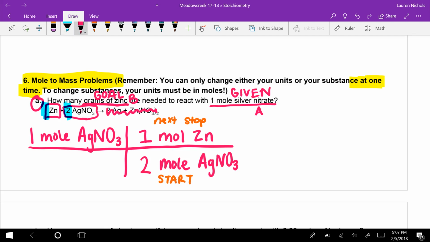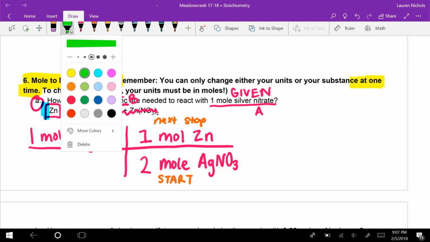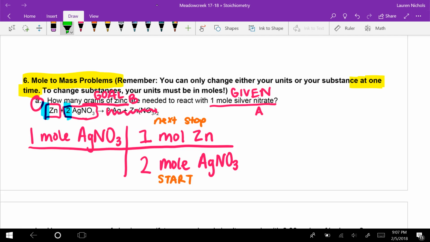And so once we're here, we look at our top right unit and substance, so moles of zinc, and we look at what our goal is. And if those two things do not match, then we keep going, and if they do match, we can plug it in our calculator. Now, moles of zinc and grams of zinc do not match, so that means we cannot stop. We have to keep going.